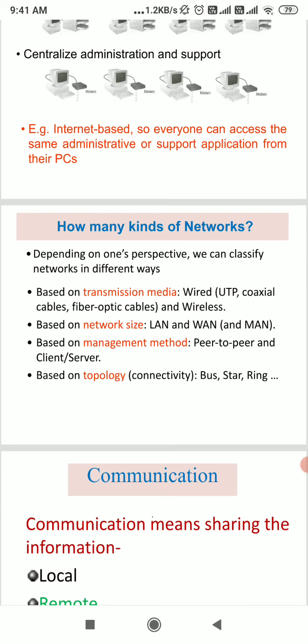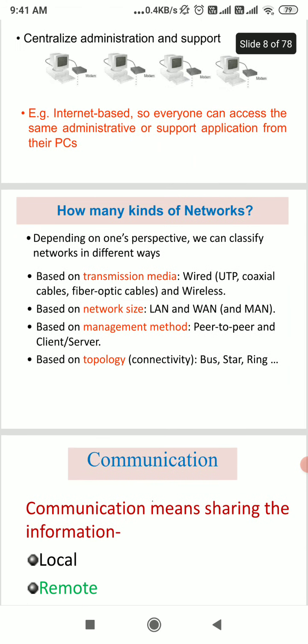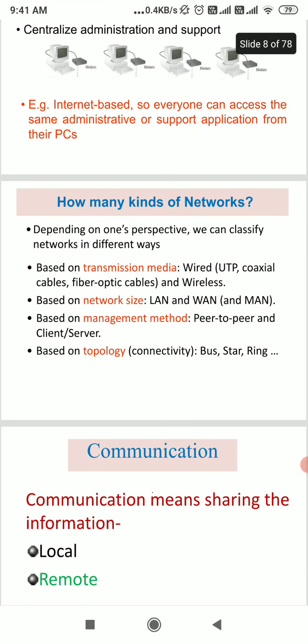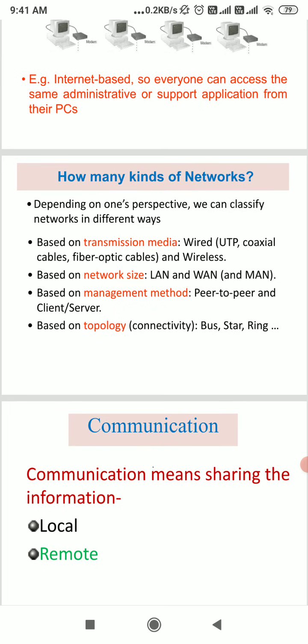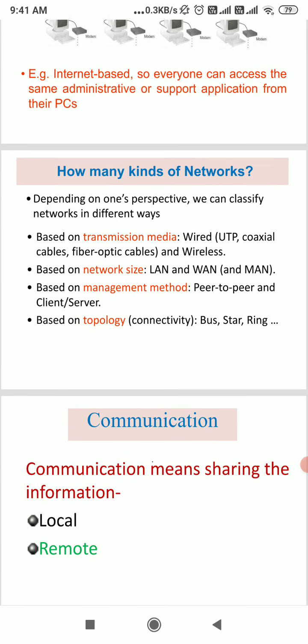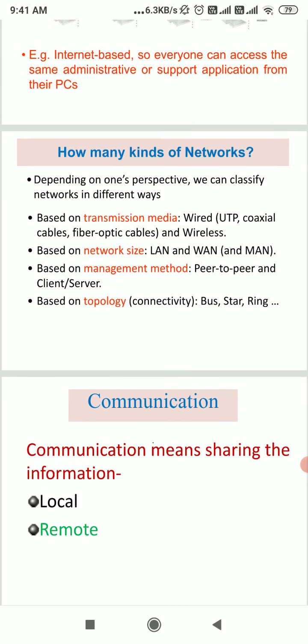Based on network size, whatever you are using for communication, that network can be a LAN, a WAN, or a MAN. Based on management, you are doing peer-to-peer or client-server. Based on topology, I am giving you a short description of these things. We will see all these things thoroughly.